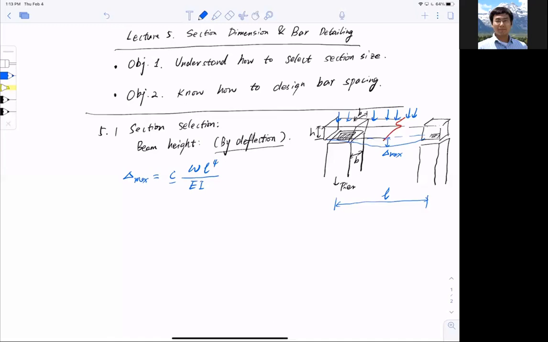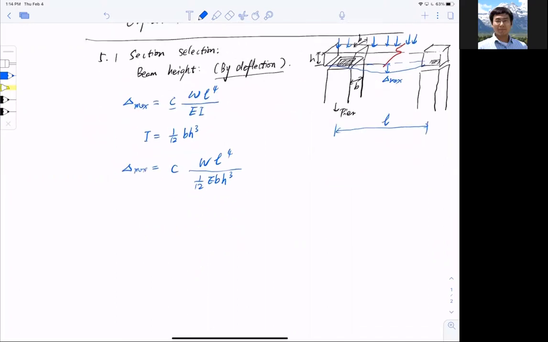So where is the H in this equation? You know that I for a rectangular section is 1/12 BH cubed. If I further roll out this equation, delta max equals C omega L to the power of 4 divided by 1/12 EBH cubed. Now I'm going to do some manipulation.